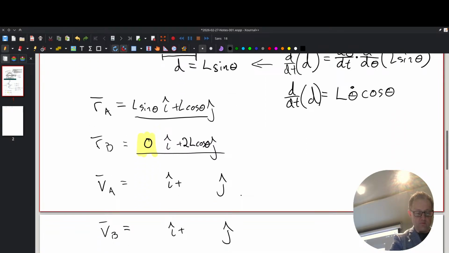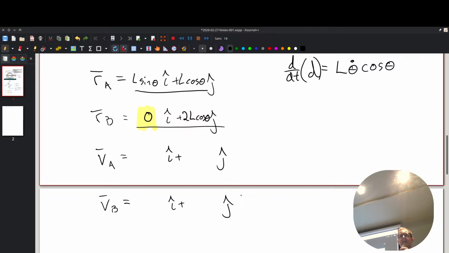So we're trying to figure out the velocity of A and B in terms of theta.